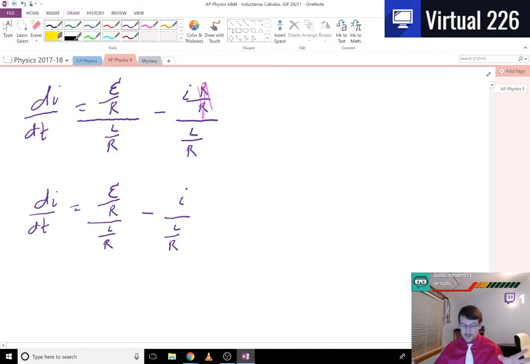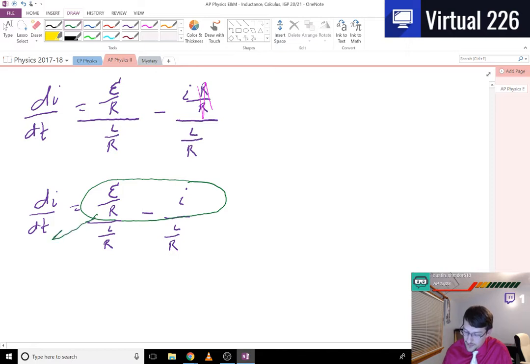From here, we can finally start moving things around and making life a little bit nicer. I am going to take this entire numerator term and divide by it on each side. So it's going to cancel itself out over here and we're going to find it in the denominator over here.